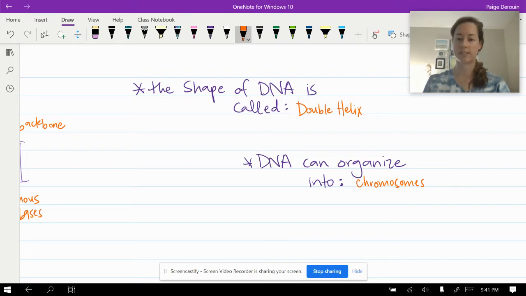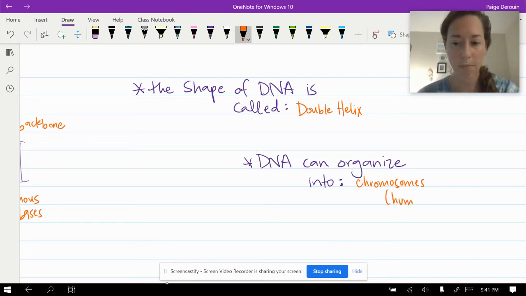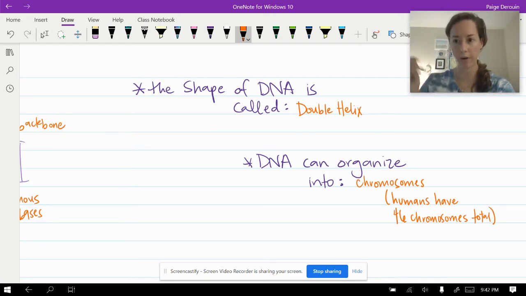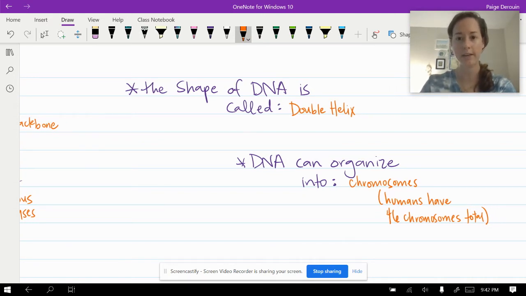And so it organizes the DNA into chromosomes, which humans have 46 chromosomes total. And they're actually in pairs because you get one from your mom, one from your dad, half your DNA from your mom, half your DNA from your dad.